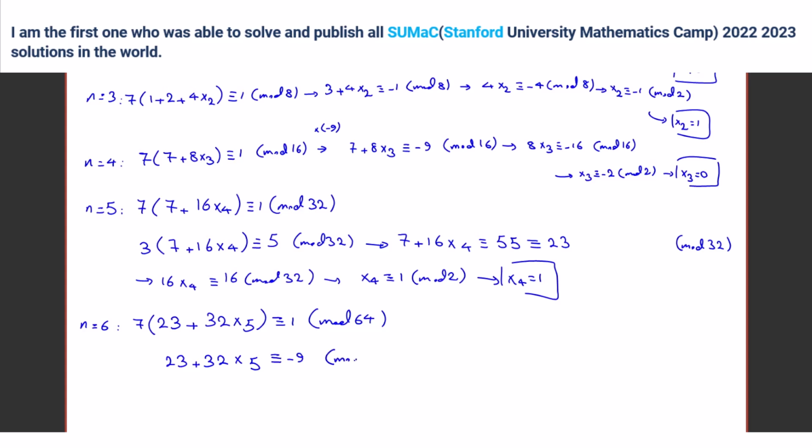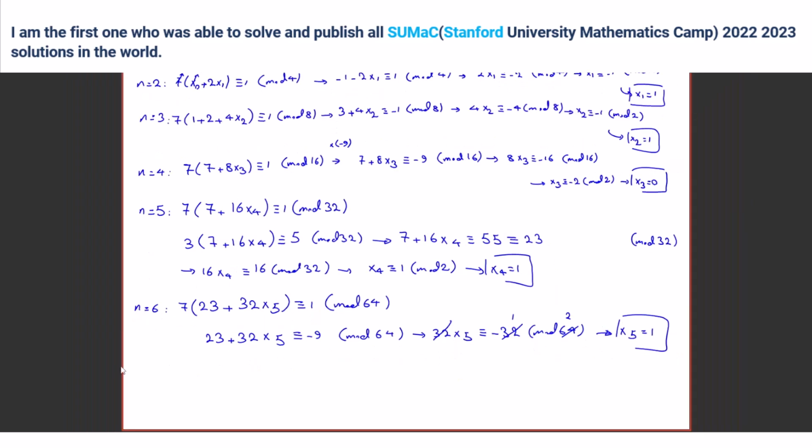So it would be negative 9. And here 23, so 32x5 is congruent to negative 32, right? Yeah. Then you can divide by 32, and it would be 2. So x5 is 1, right? Yeah.